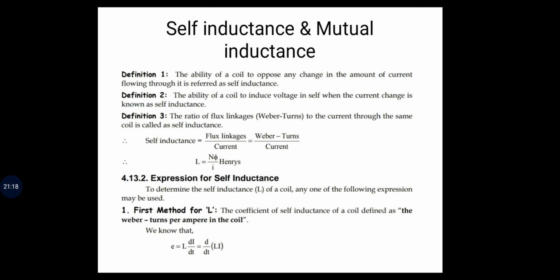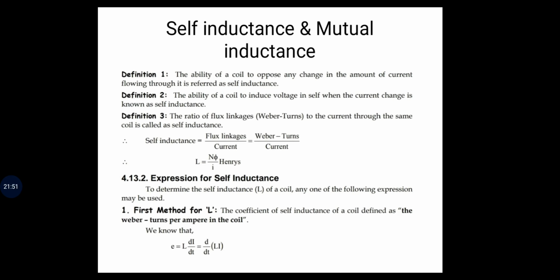The ratio of flux linkages to the current through the same coil is called self-inductance. Self-inductance formula: L equal to N phi by I. So there are different expressions for self-inductance.